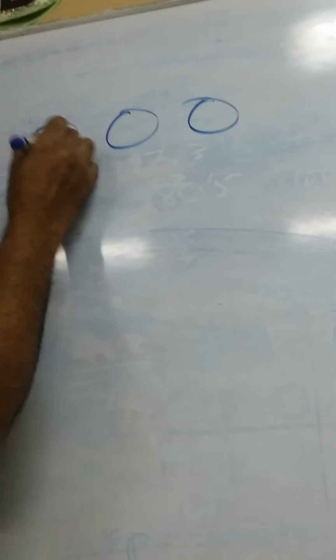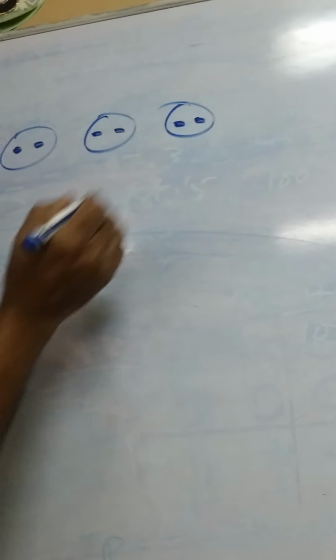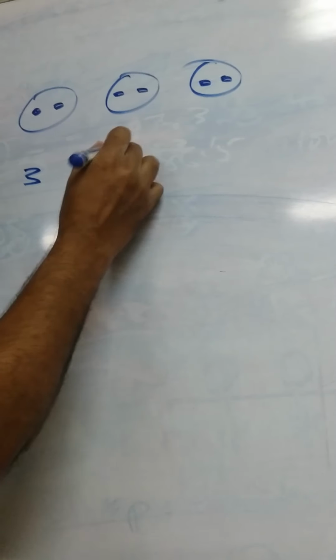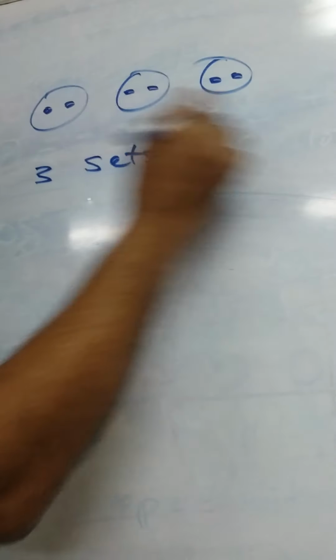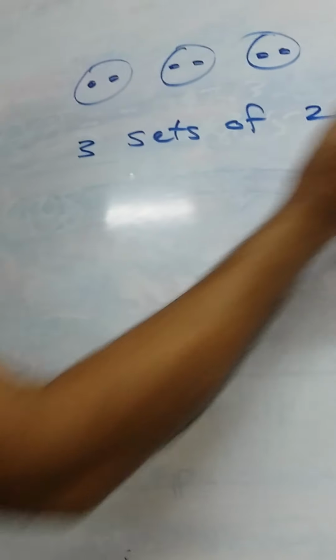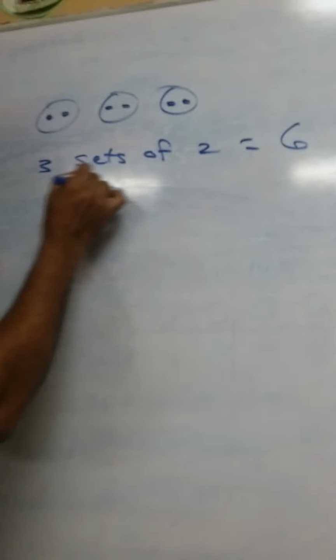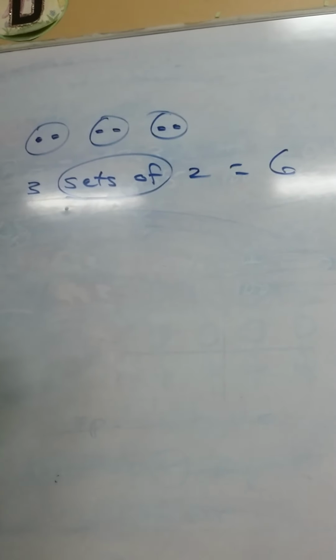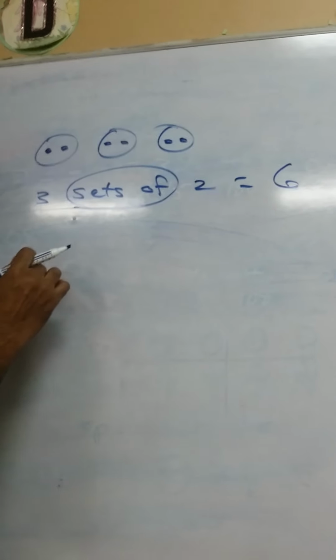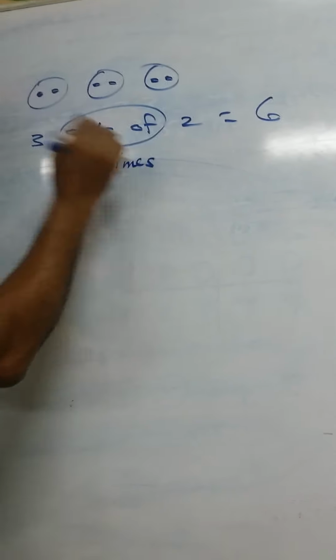Alright? Now, I want to remind you of the word of in mathematics, because we would have said that when we were younger children, look at that. Well, we have how many sets? We have 3 sets of 2. And 3 sets of 2 would give us 6 altogether. And your teacher would have taught you in the past that another way of saying sets of, we can say I have 2 3 times. 3 times I have 2, which is 6.